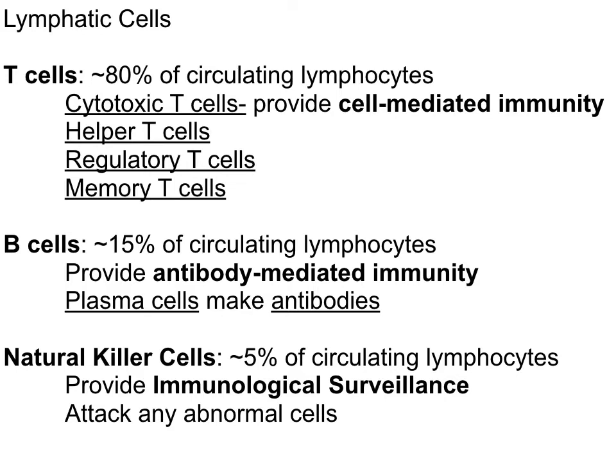In cell-mediated immunity, your cytotoxic T cells are going to target cells with intracellular pathogens. So that means that the pathogen has physically entered the body cell and is reproducing within it. These could be cells infected with a virus, bacteria, yeast, protozoans.